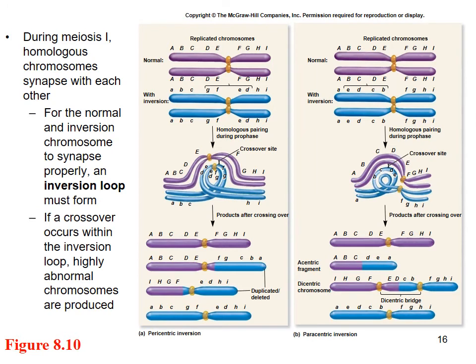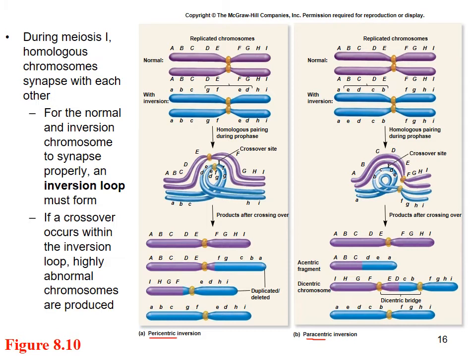Okay, so let's take a look. We're going to do two scenarios. The first scenario is when you have a pericentric inversion, labeled A on the left-hand side. That is when it involves the centromere. And a paracentric inversion, obviously, is when it doesn't involve the centromere. Okay, so let's start with the paracentric example.